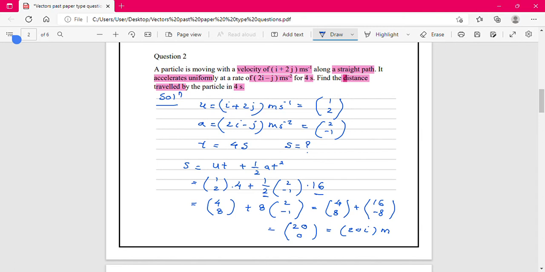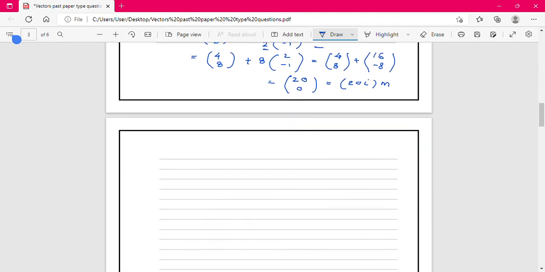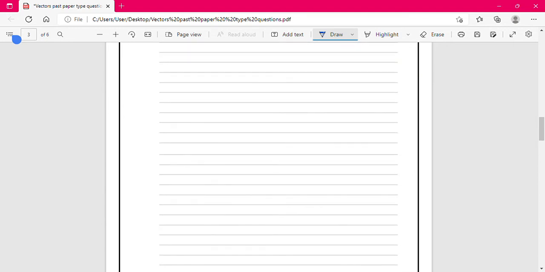And since the particle is traveling in a straight line, the distance traveled by the particle in 4 seconds will be the square root of 20 squared. Obviously there is no j coefficient, so 0 squared, which comes out to be 20 meters. So the distance traveled by the particle in 4 seconds will be 20 meters.